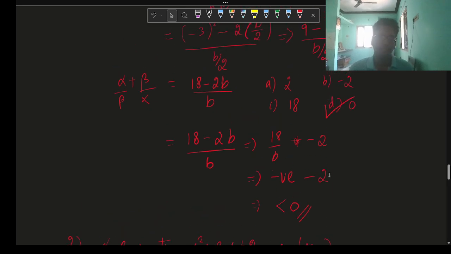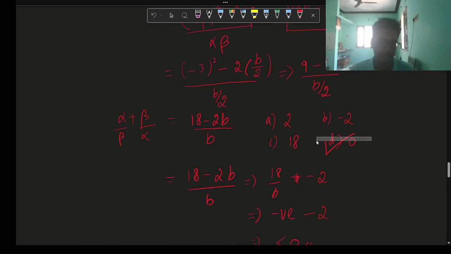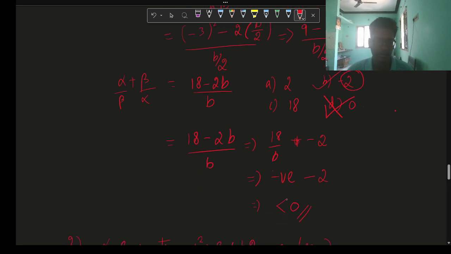So here, whenever the negative sign is there, the result is less than minus 2. So the answer is option B and not option D, to be noted. Here it's given wrong, so the option is minus 2. So the result is less than minus 2.